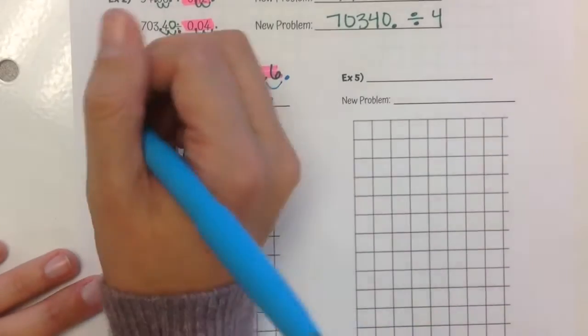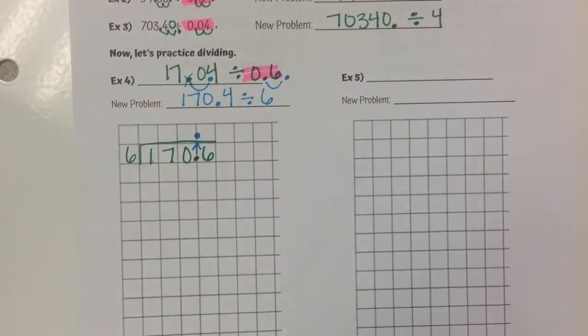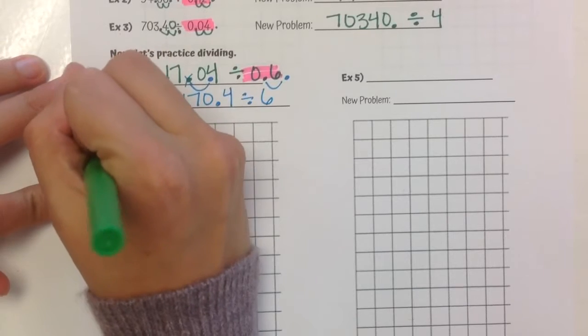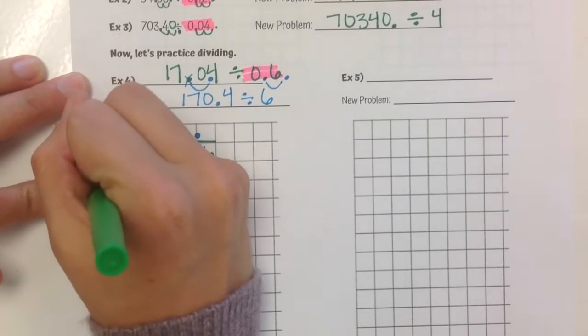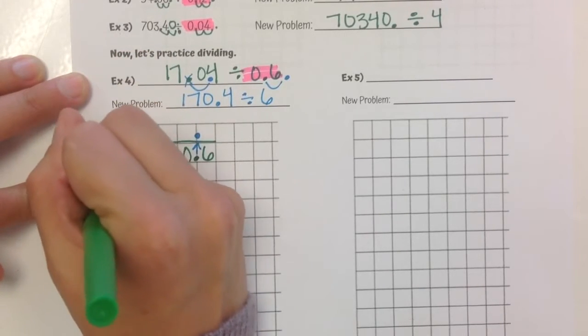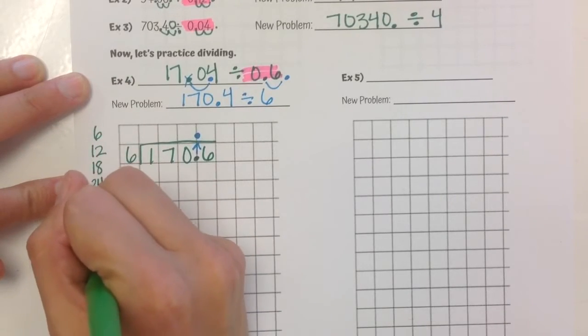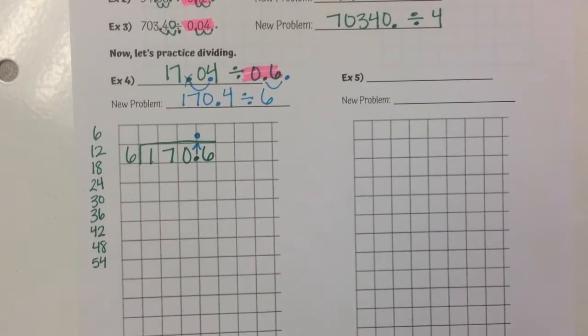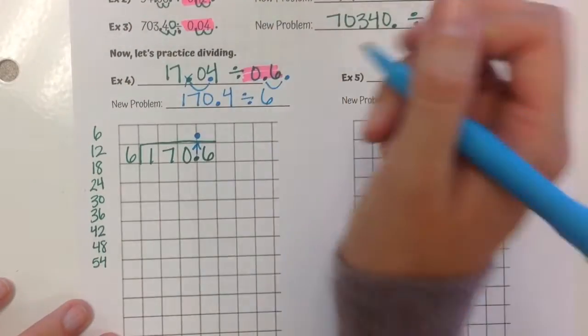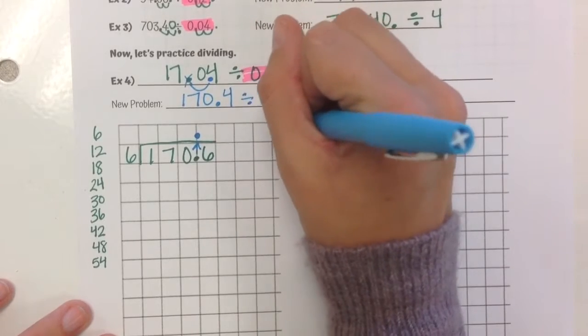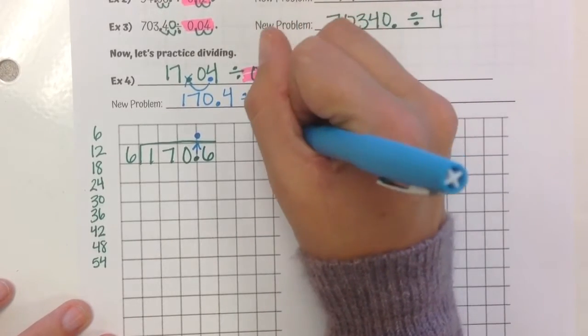And then I'm going to list out my multiples of 6. So we've got 6, 12, 18, 24, 30, 36, 42, 48, 54. And then we're going to go ahead and divide. 6 does not go into 1. And again, if you need to remember how to divide, does McDonald's sell burgers?